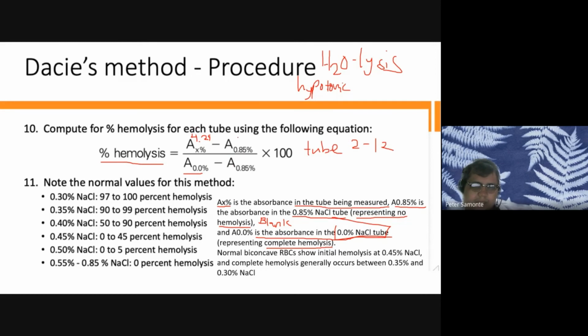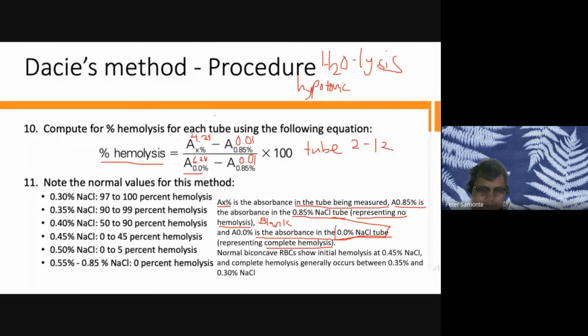0.85%. So let's just say the absorbance you got for your blank isn't really zero. Let's say you got 0.01. What you got here is 6.28. Now let's try to compute.